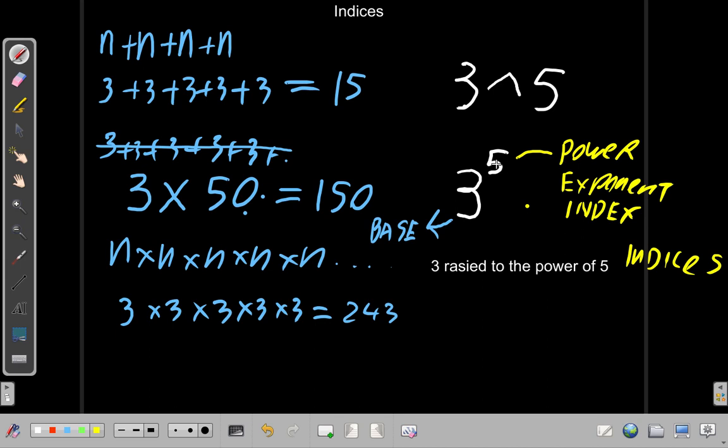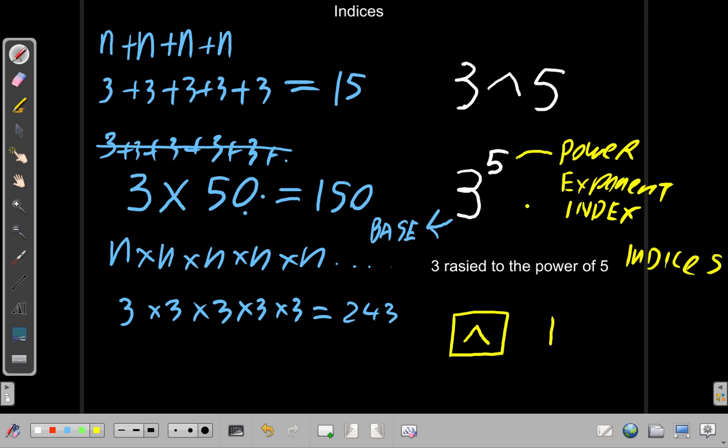Now, if you have a scientific calculator with you, in some cases you will have a button with the caret symbol there.